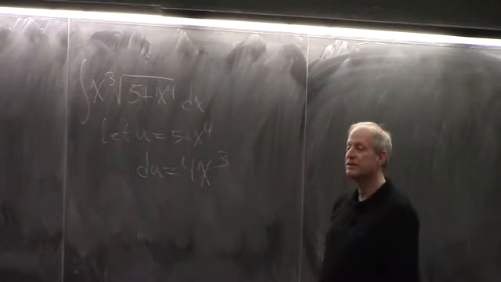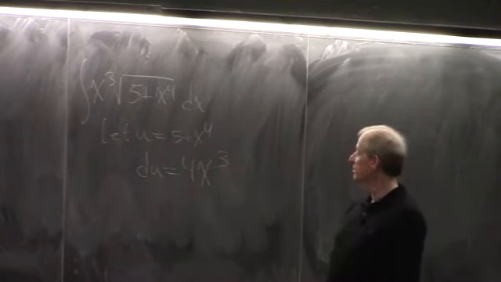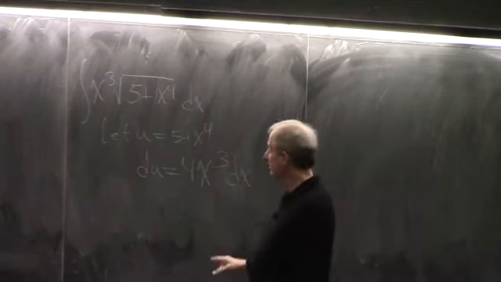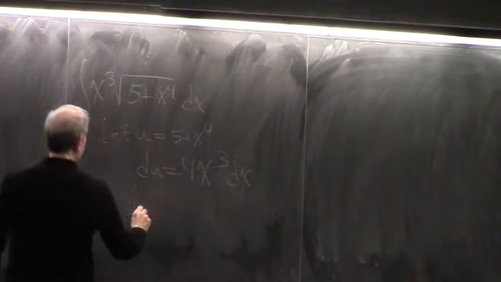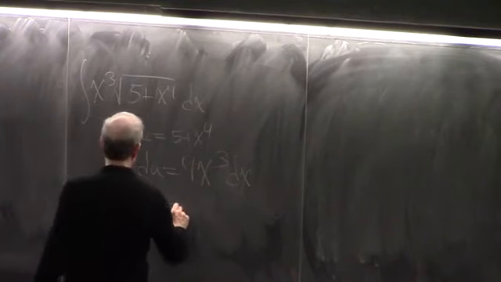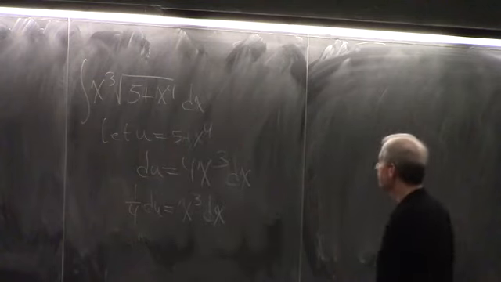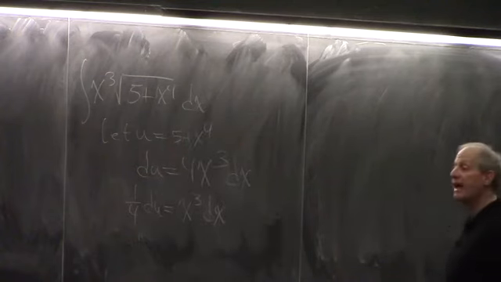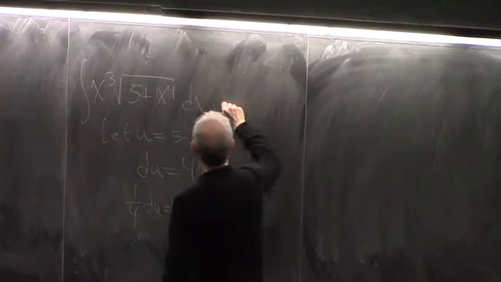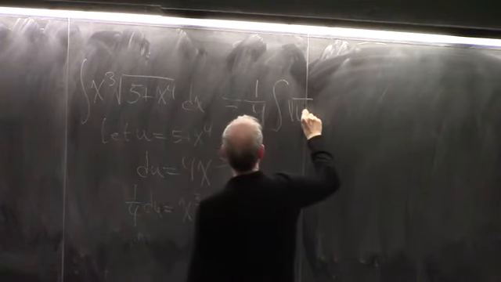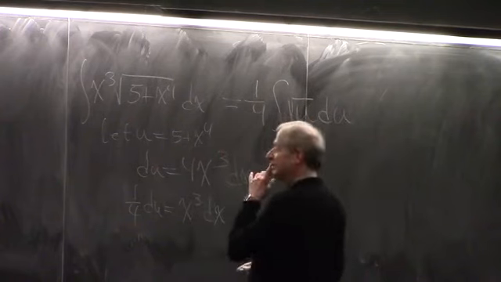So I look in the integrand. I don't see 4x cubed. I see x cubed. So I divide both sides by 4, and you get 1/4 of du is x cubed dx. So now I can rewrite that integral as 1/4 integral of square root of u du.